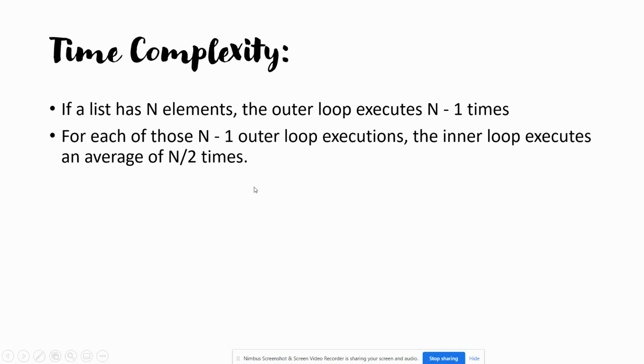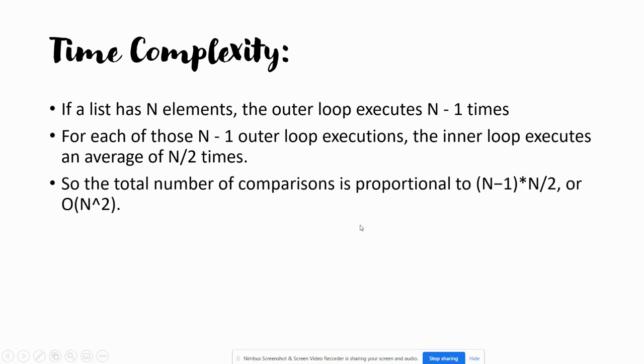It's not actually n times, since we compare the first element with the smallest one always. So the inner loop runs on average n by 2 times, like half of the total number of elements.